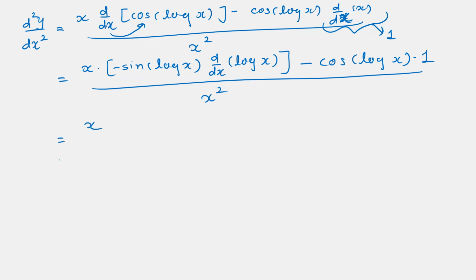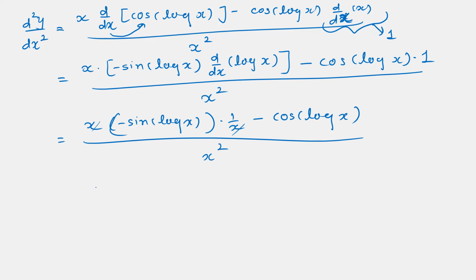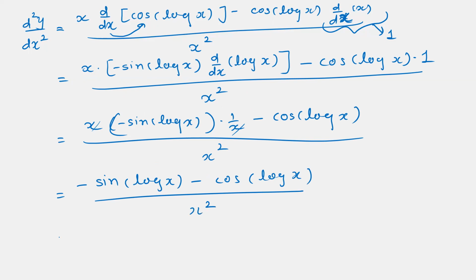X is not only x, but it is like minus sine of log x into log x ka to 1 by x. And all three are in multiplication. By the way, the x is going to get cancelled later on. Minus cos of log x as it is into 1. So, okay. X got cancelled and I got minus sine of log x minus cos of log x upon x square.